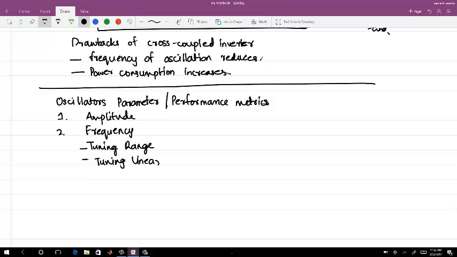And the conclusion was that ideally you want a large tuning range and a linear KVCO, linear throughout, for the linear loop dynamics of the PLL.